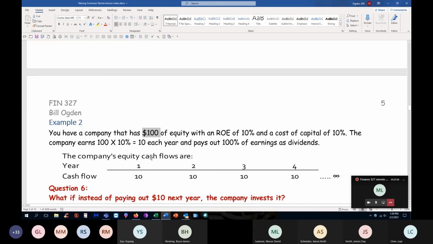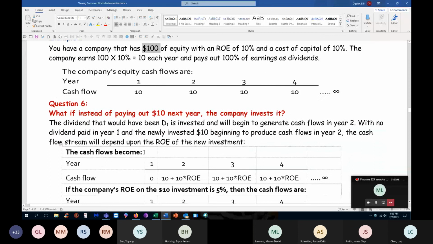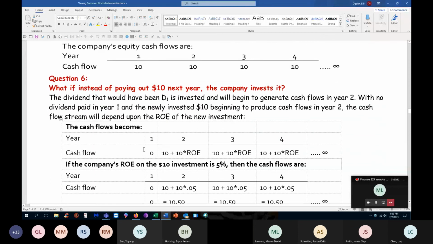Okay. Instead of paying out this $10, let's reinvest it. So what does that change in the cash stream? Well, my shareholders were expecting $10 at the end of this year, $10 next year, and so on. So next year, I return nothing to them. Why?